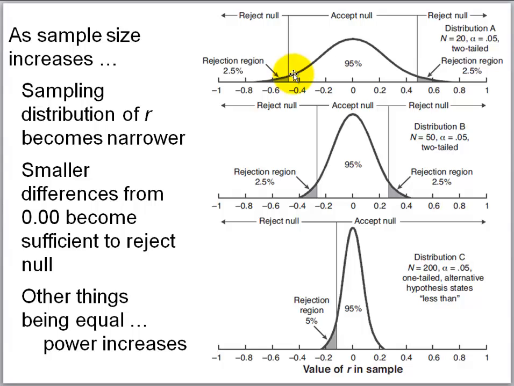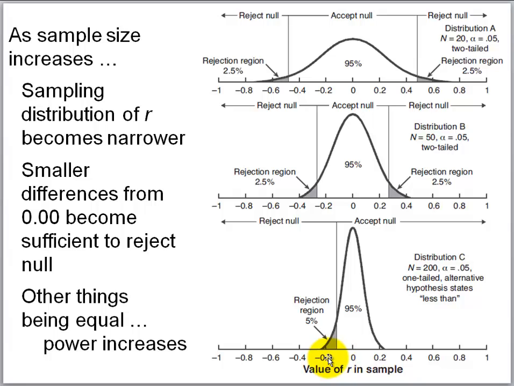So again, it's conveying that values of r closer to 0 will now reject the null. Here the value that rejects the null looks to me to be about minus 0.13. So in this situation, a fairly small difference rejects the null.